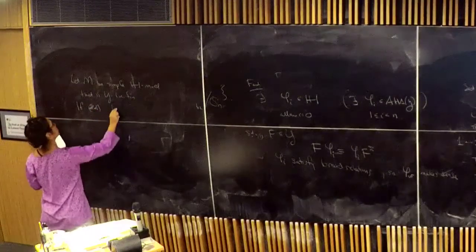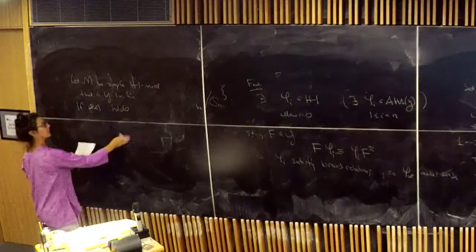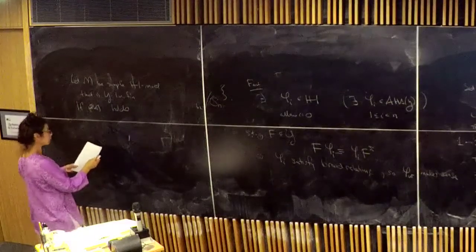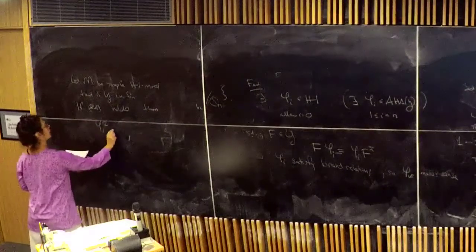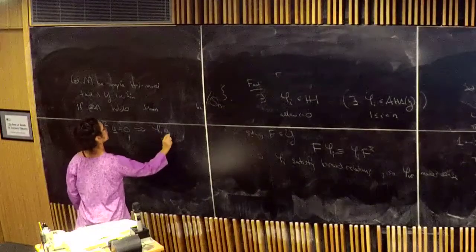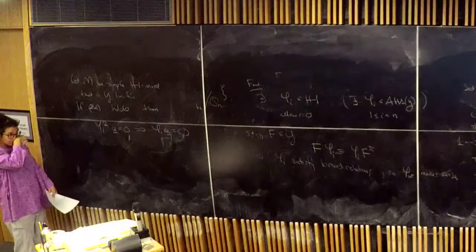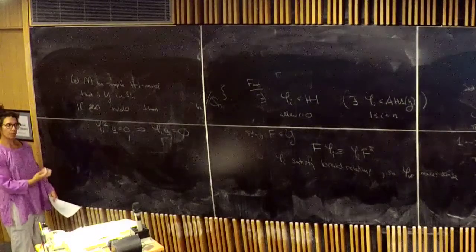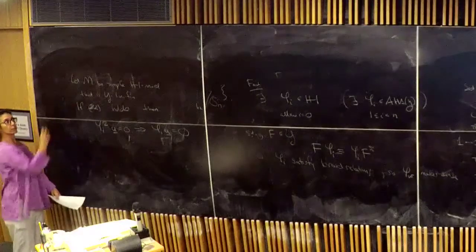If double star holds, that you always avoid neighbors acting the same, then phi squared u being 0 implies that phi u is also 0. Certainly the converse holds, but this also holds.